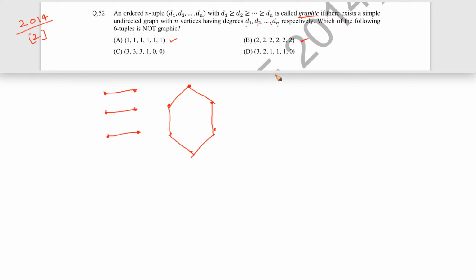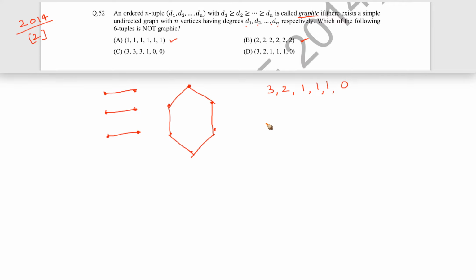Let's check D. Now see, D is not easy to check, and because of that we are going to apply a theorem called the Havel-Hakimi theorem. In this theorem, we simply write the degree sequence, the ordered tuple in which the degrees are arranged in non-increasing order. So 3 2 1 1 1 0.